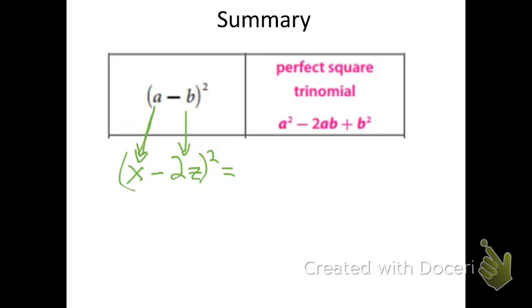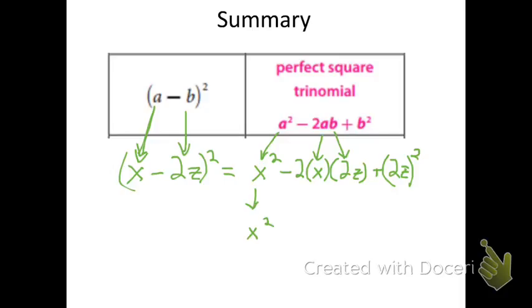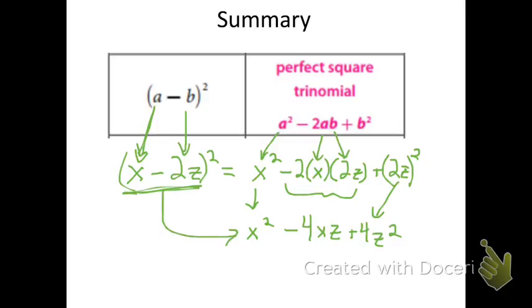So the form that my answer would take would be x squared, because x is my a value, minus 2 times my a value times my b value, plus my b value squared. And so if I do a little simplification, it becomes x squared minus 4xz, and then plus 4z squared. So can we see this, recognize the pattern, and jump directly to our answer?